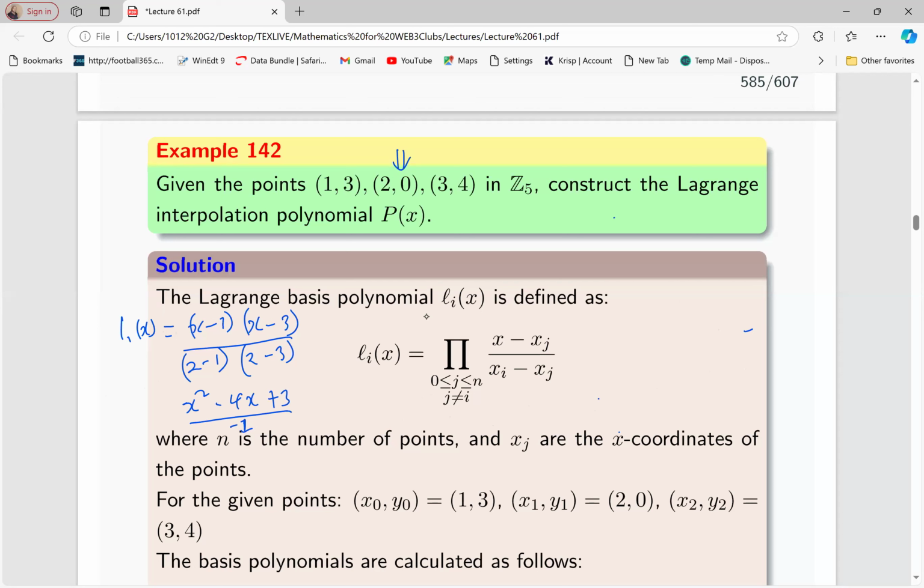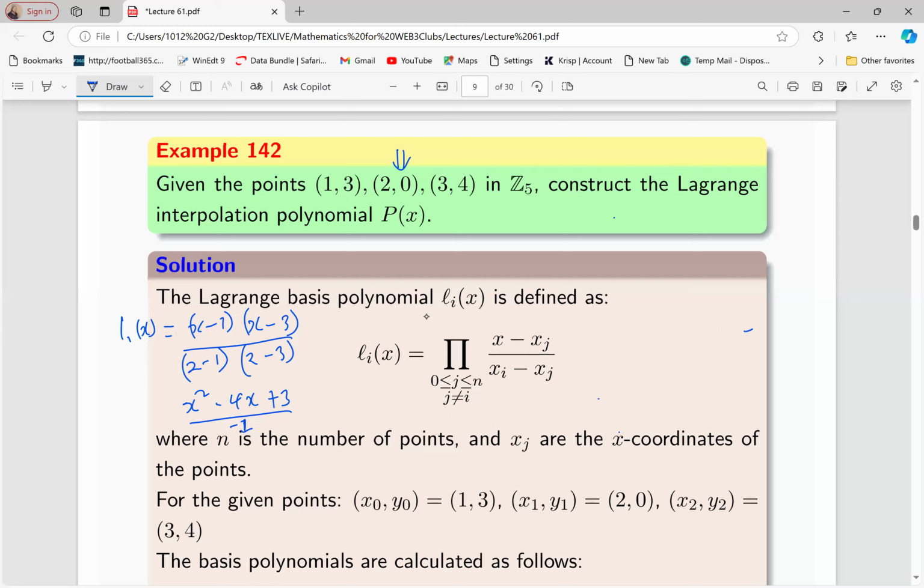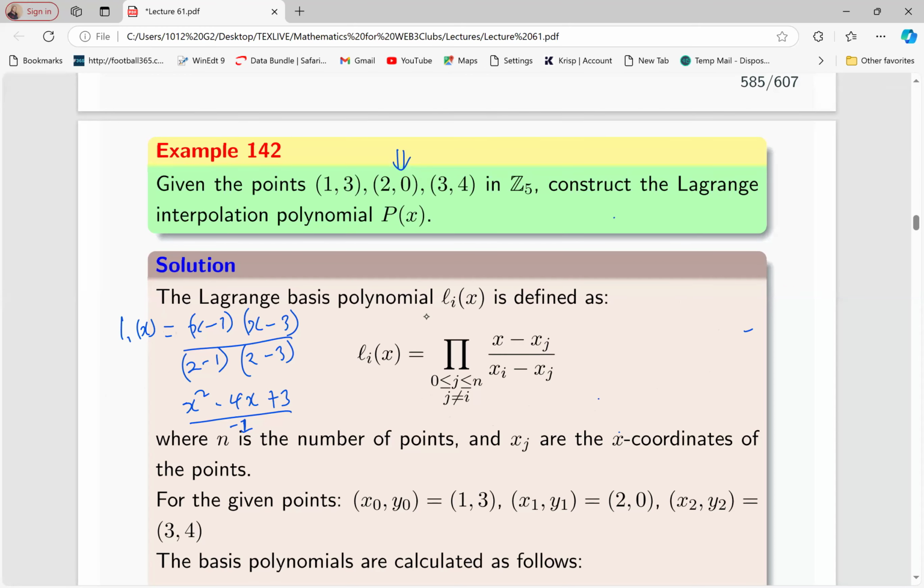There are several ways you may want to proceed with this. One may want to divide the numerator by minus 1, and then reduce mod 5. Another person may want to change the denominator mod 5 to get 4, and then multiply the numerator by the inverse of 4 mod 5.